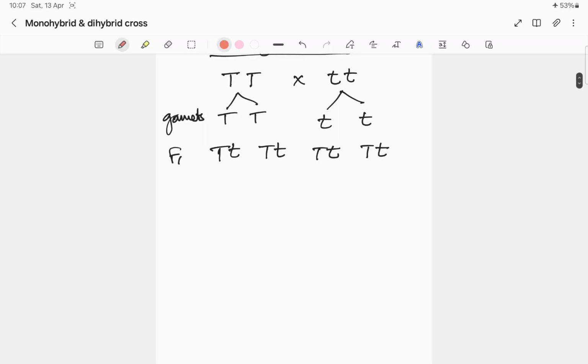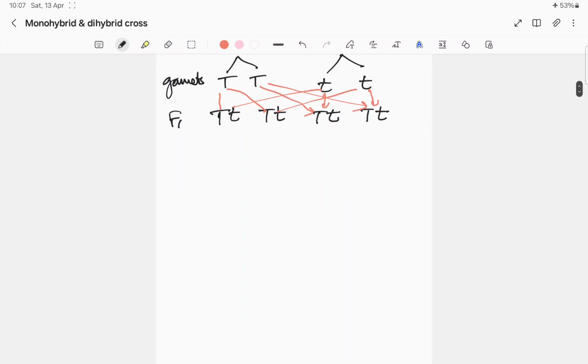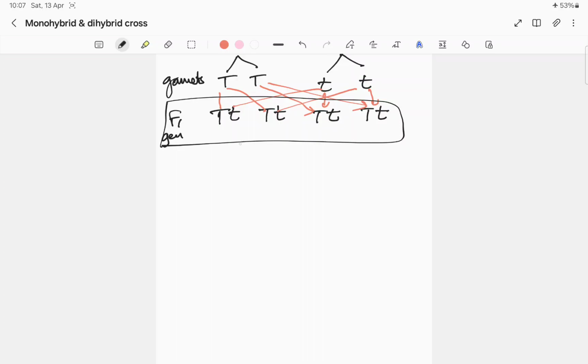How this has come, now I am simply explaining to you. Capital T from here, small t from here, this capital T from here, this small t from here, right? This is the F1 generation. This is what we got in the F1 generation.